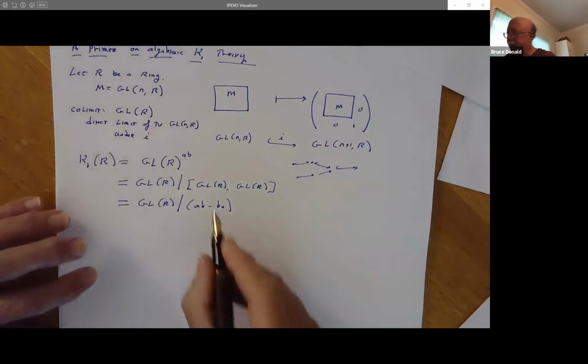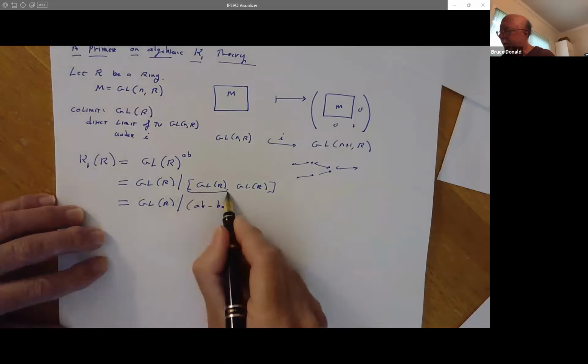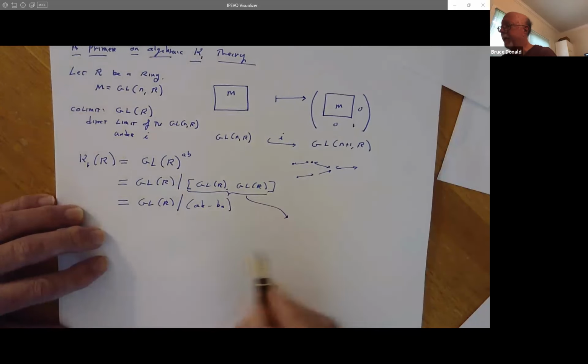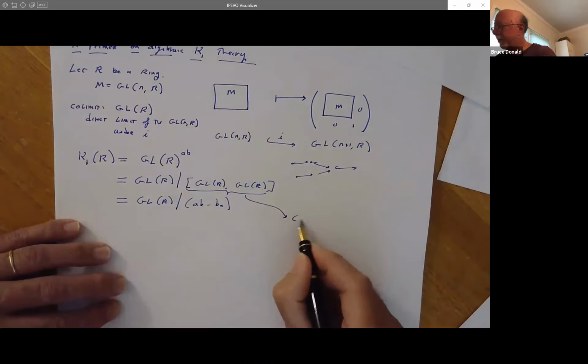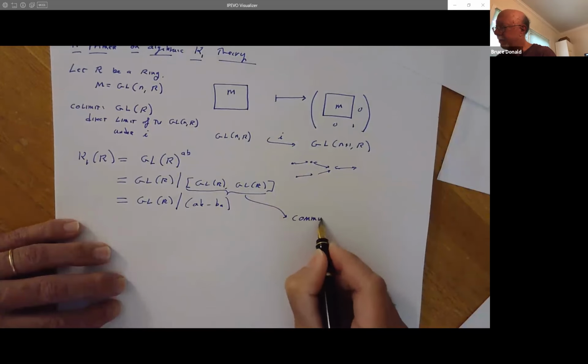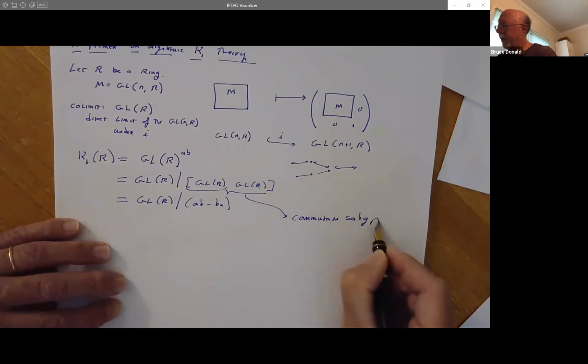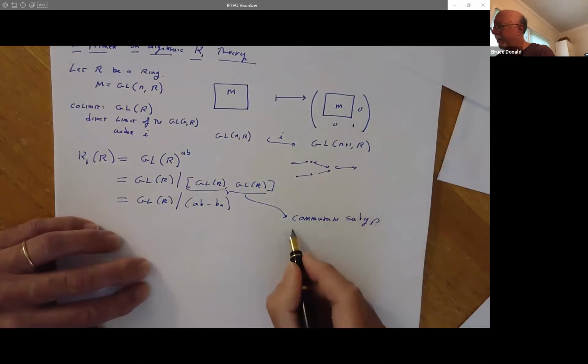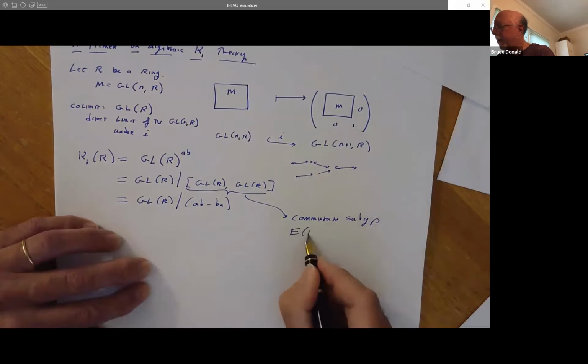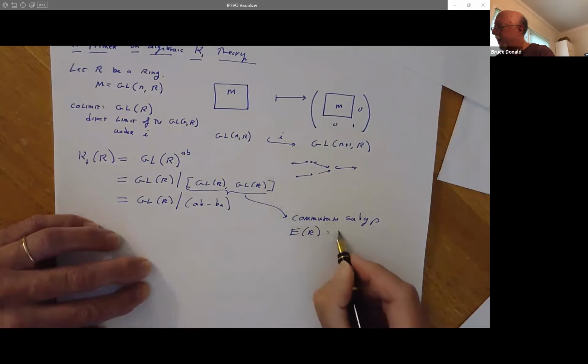And incidentally, in terms of notation, this is called the commutator subgroup. It's also called E(R), which is called the Whitehead group.